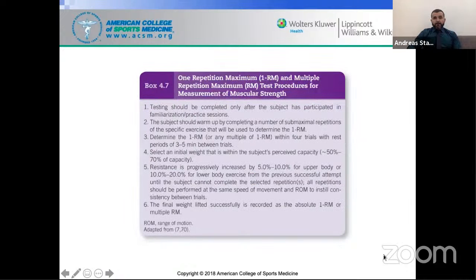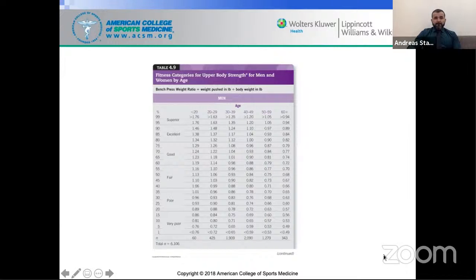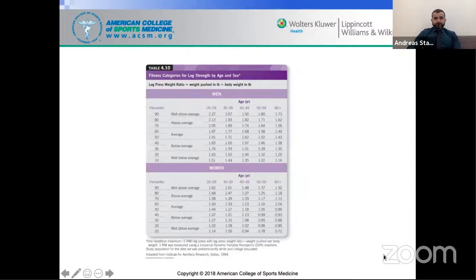This is a protocol for 1RM, and we always should use the same protocol, right? Every time we're doing 1RM. And these are fitness categories for men and women by age. You don't have to remember those. They're just normative data that you can compare and contrast, and you know where you are.